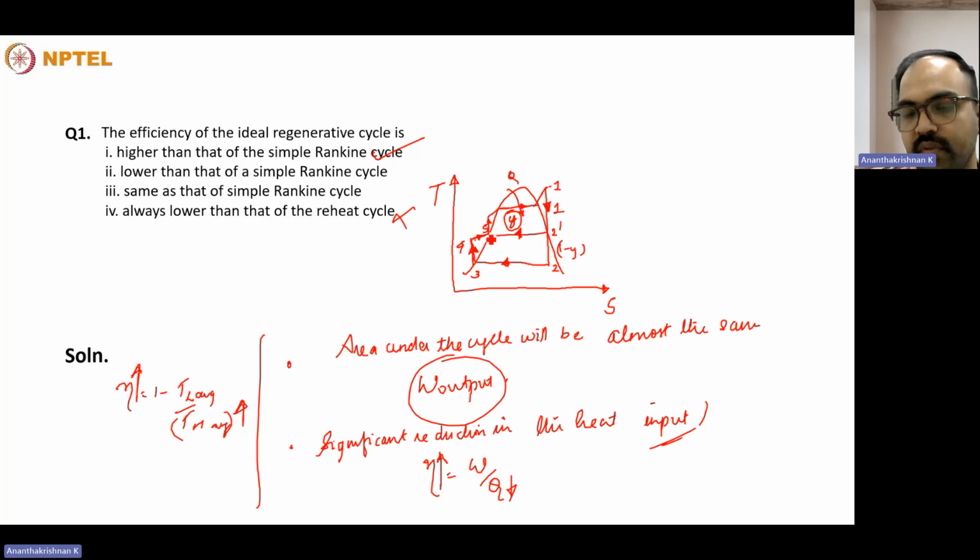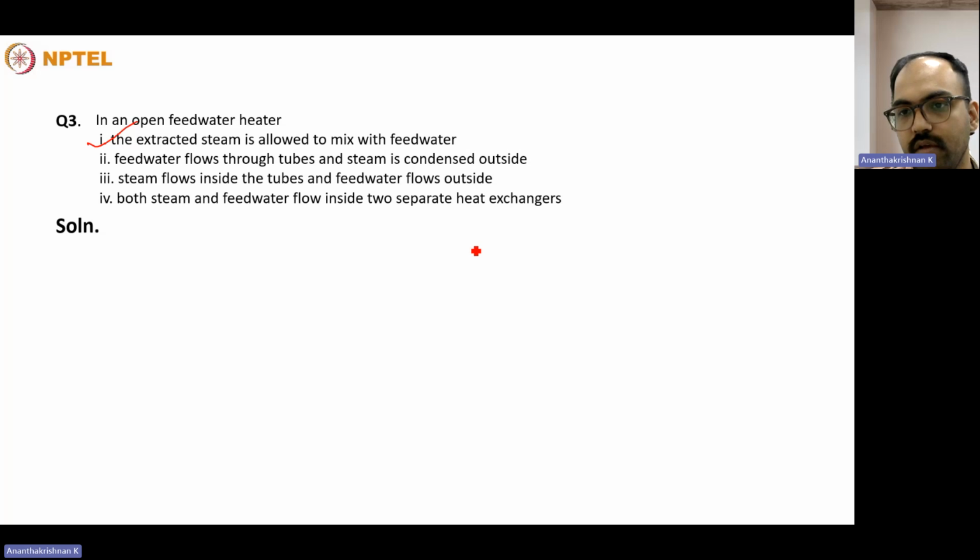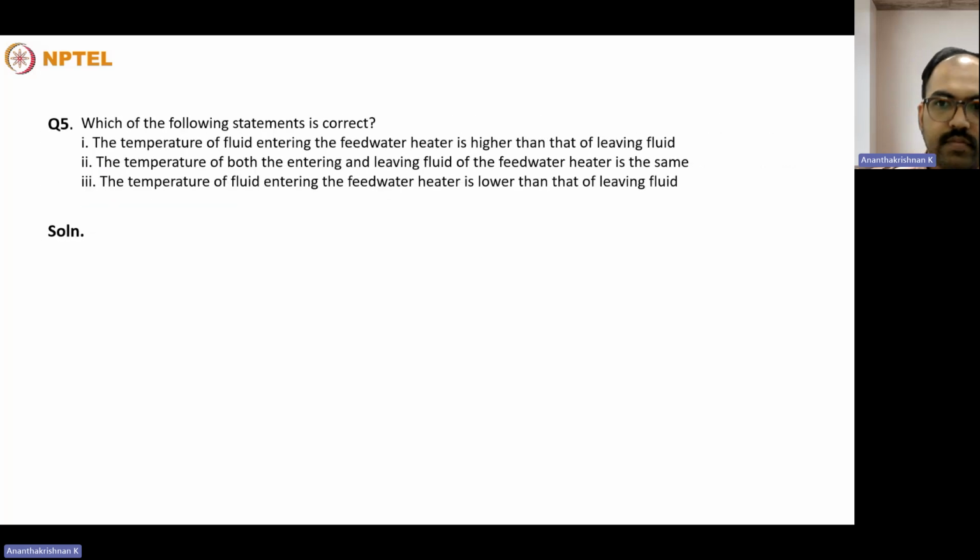So the temperature of this point will be the same as that of the bled conditions, but higher than that of the incoming fluid. So temperature 5 will be greater than temperature 4. That is why I said the temperature of the fluid entering the feed water heater is higher than that of the leaving fluid. That's wrong. The temperature of the fluid entering the feed water heater is lower than that of the leaving fluid.